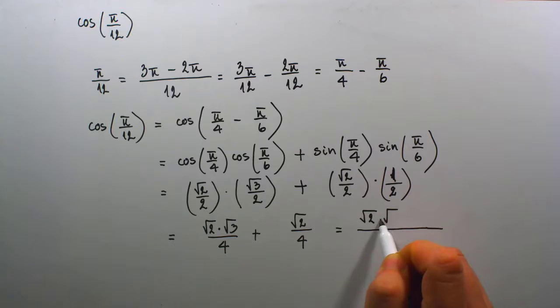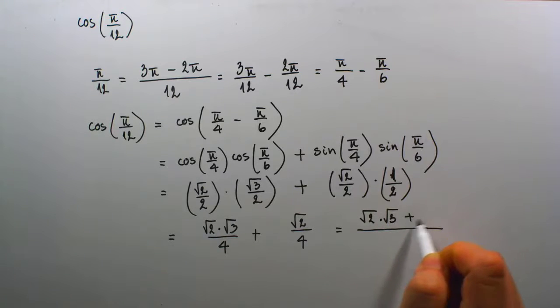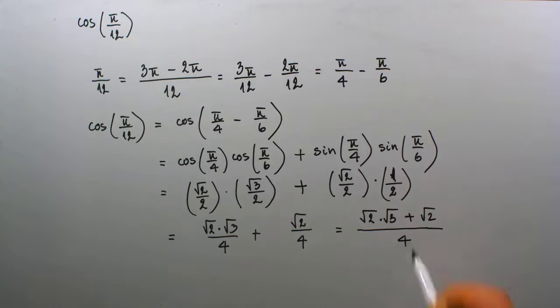So square root 2 times square root 3 plus square root 2, all over 4, that common denominator. And now we realize that we have a common factor, the square root of 2. That was the reason I left my product without combining into one square root. So in my next step, I can factor out the square root of 2 to become square root of 2 times, in parentheses, square root of 3 plus 1, over 4.